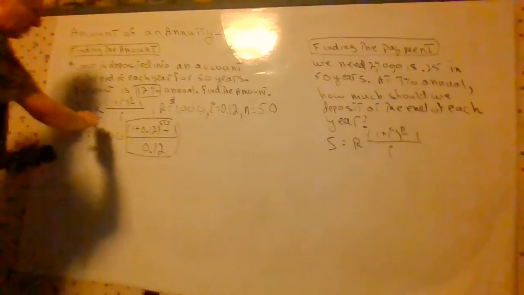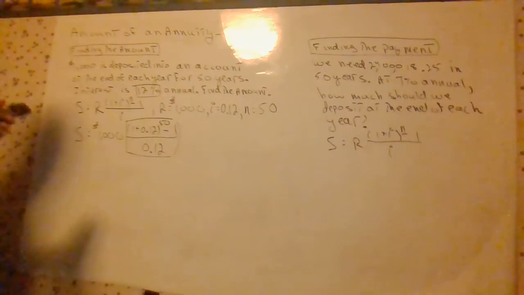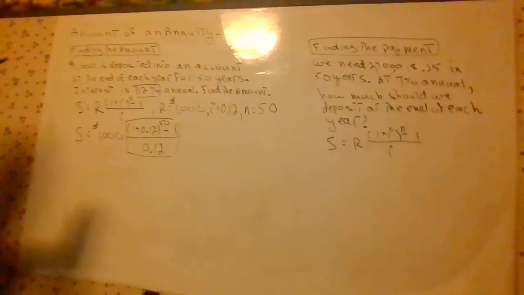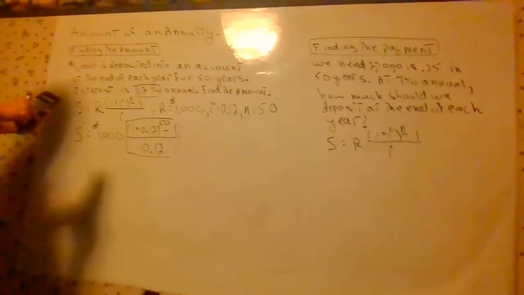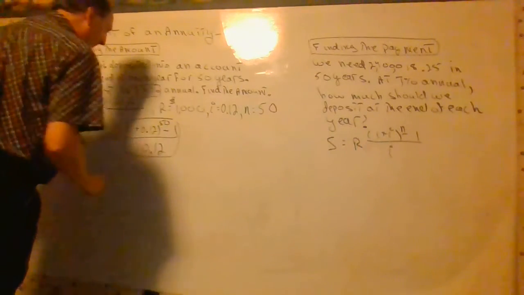I can do this all in one big calculator set of operations, but it's more accurate to do it in a couple steps. And we get this expression right here.